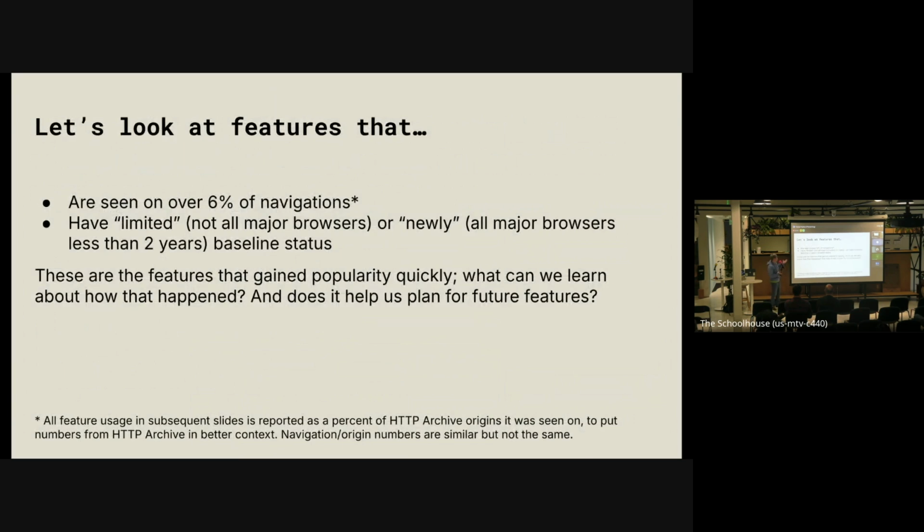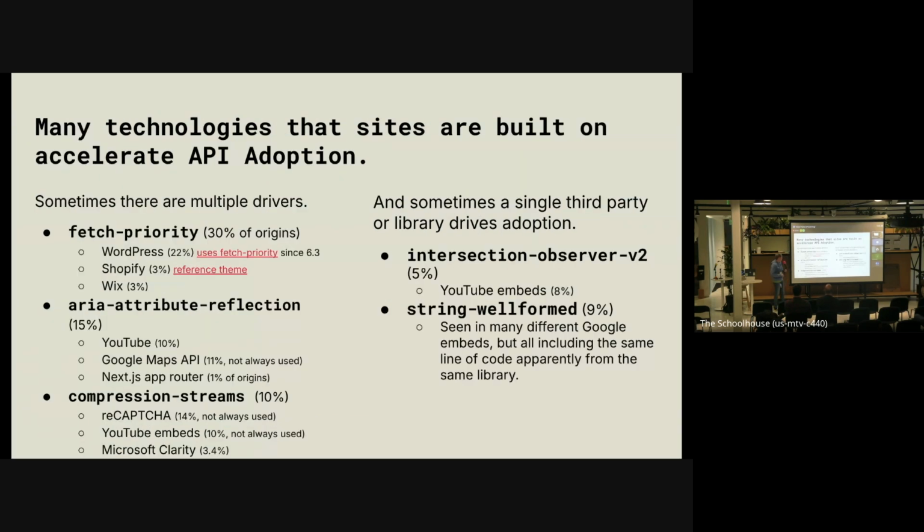Okay, so what do we actually know about the features that are adopted quickly? Well, first, what did I do for analysis? I took everything in those two box plots of limited and newly available features that are seen on more than 6% of origin navigations, but only limited and newly available because they're less than 2 years old. Those gain popularity really quickly, and I wanted to see what we can learn about how that happened.